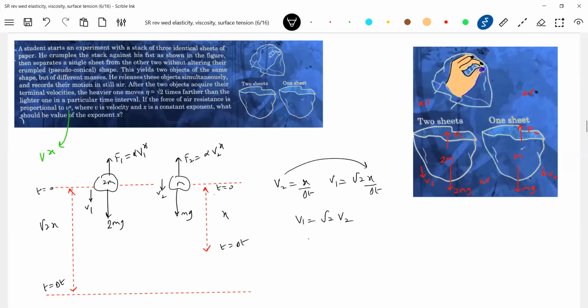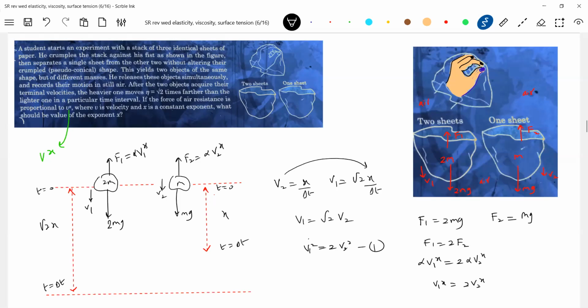And they're constant. So let me equate those two here. F1 is equal to 2mg, F2 is equal to mg. Therefore F1 equal to 2F2. What is F1? Alpha V1 to the power of x equal to 2 alpha V2 to the power of x. So V1 over V2 to the power of x equal to 2. So let me square it. Will I end up with any equation?